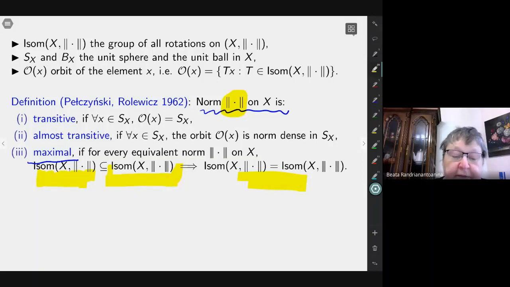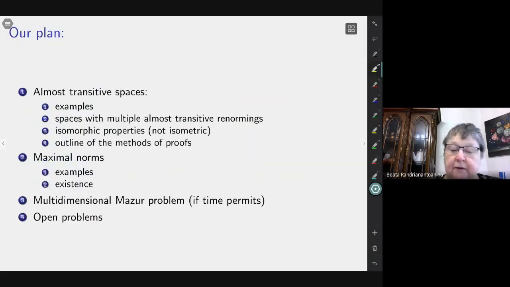I do not claim that this other norm is the same norm as the original that we are looking at. I'm just saying the isometries are the same. It's conceivable that you have different norms which have the same isometry group.